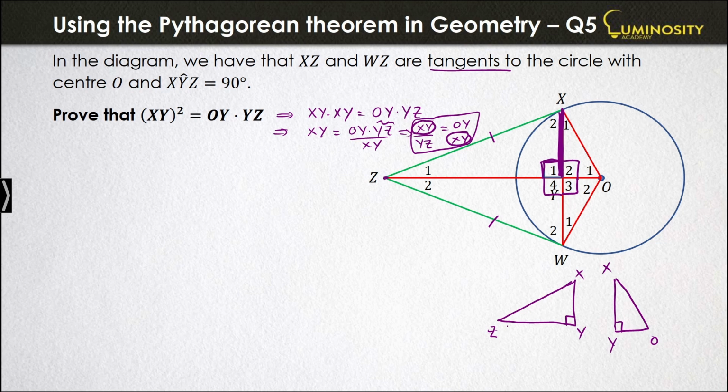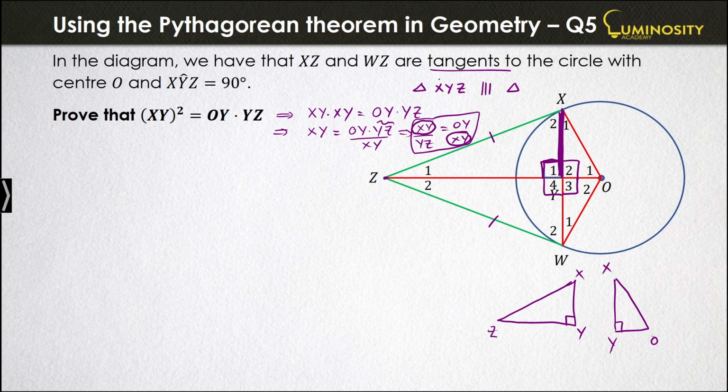The equation actually guides you into what kind of similarity you want to prove, because it tells you in the relationship. If you're doing XY to YZ, it almost looks like XYZ as the one triangle, and you want to show that it's similar to another triangle, OY and XY.